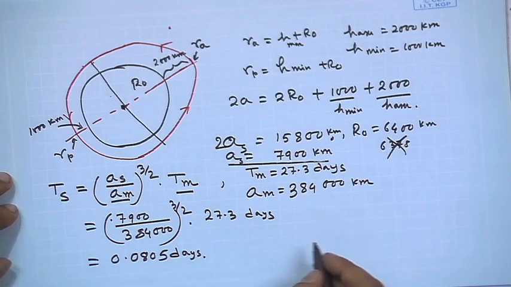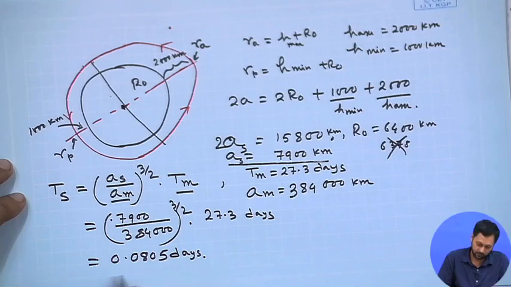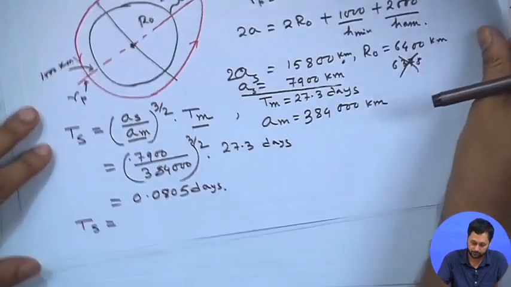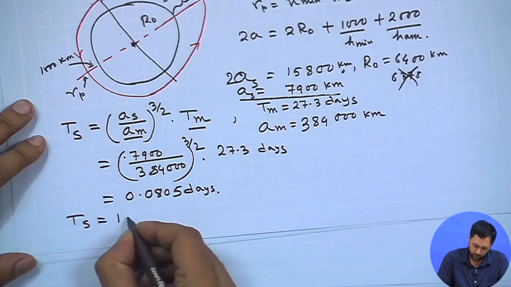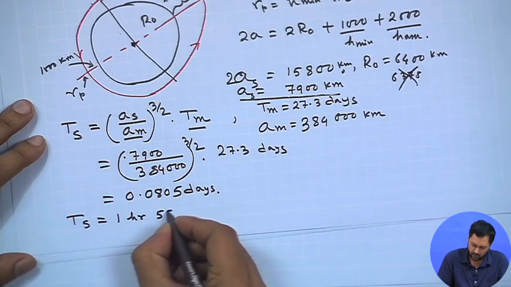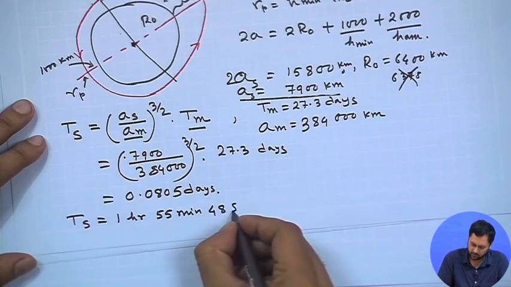Now, if we want to express this in hours, minutes, seconds, then Ts will be approximately 1 hour 55 minutes and 48 seconds.